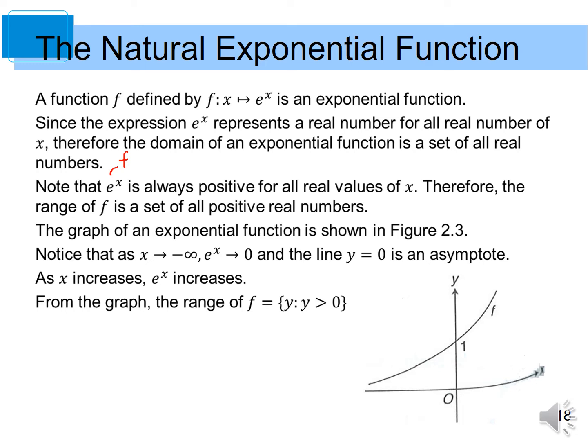So look at this: whether x is negative or positive, the function is always on the positive side. So the range of the function is the set of all positive real numbers.